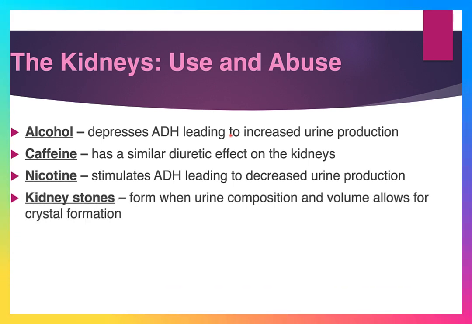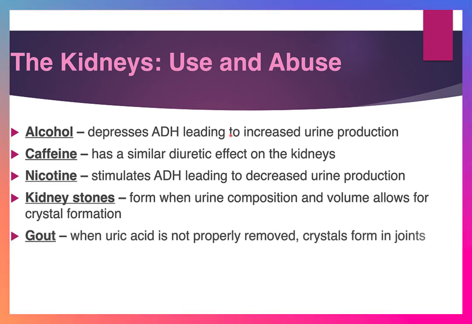Kidney stones occur when the urine composition and volume reaches a critical concentration and allows for the formation of crystals. It's one of the more painful experiences that people can have when they pass a kidney stone. And then gout is a specific crystal that forms if the uric acid is not proper.